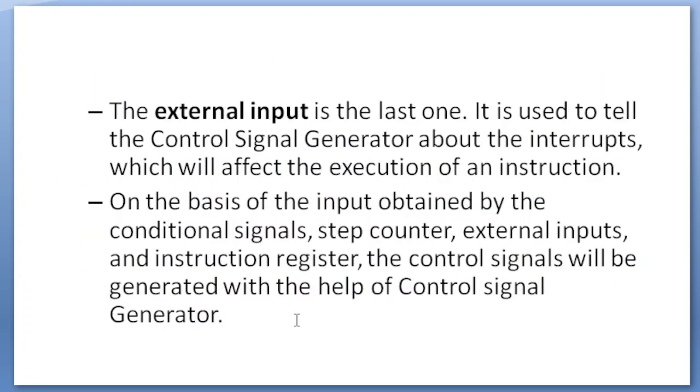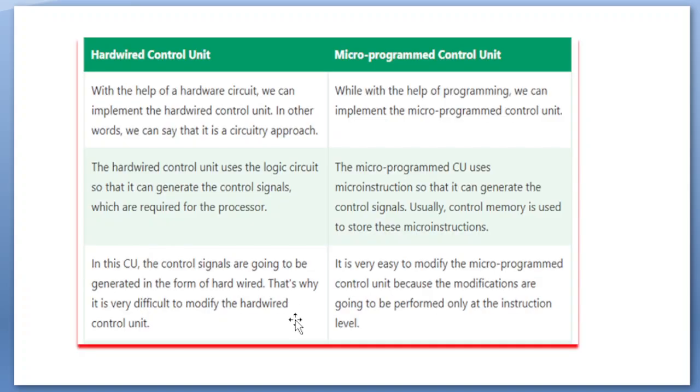Apart from that, we have to understand the difference between the hardware control unit and the microprogrammed control unit. With the help of hardware circuits, we can implement the hardware control unit. In other words, it is a circuitry approach.